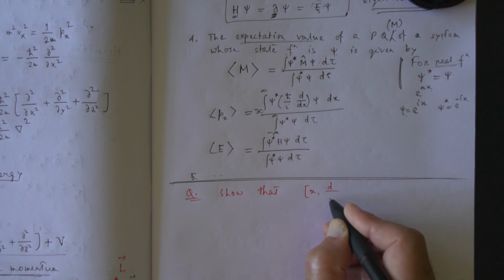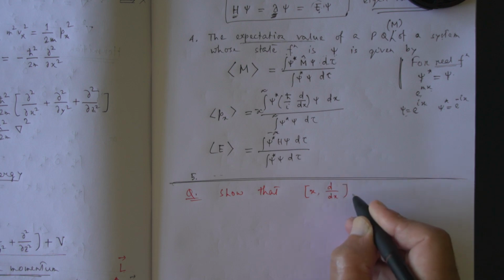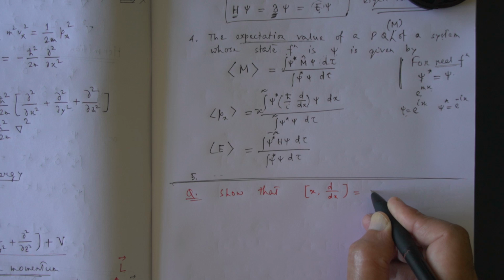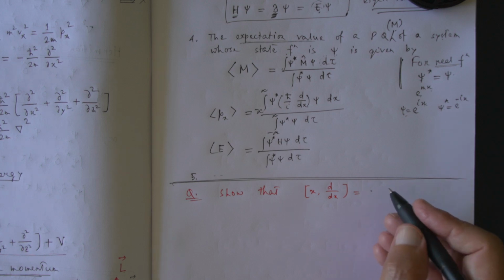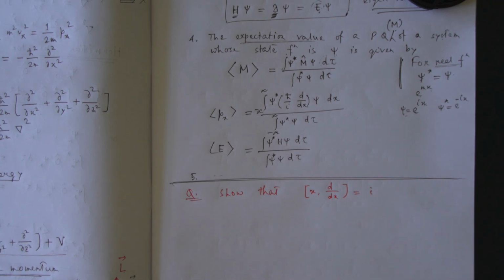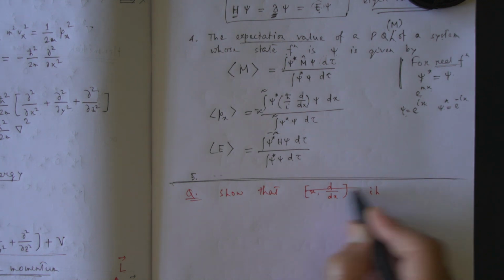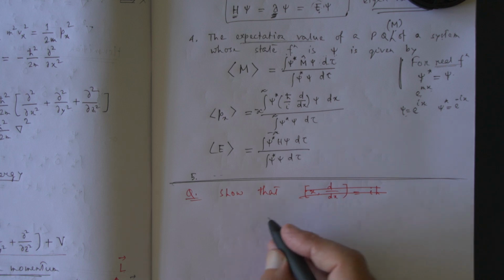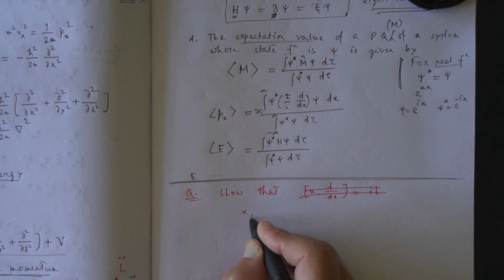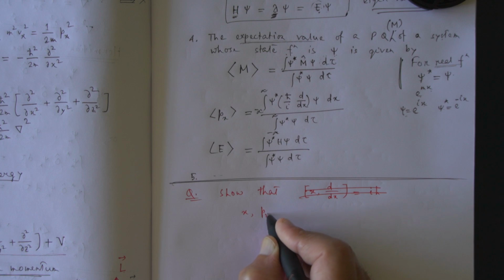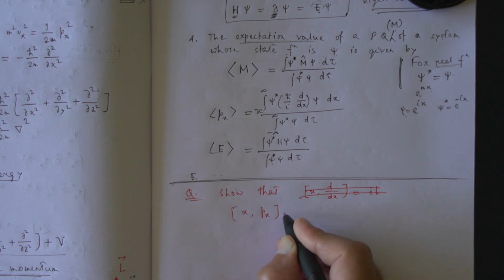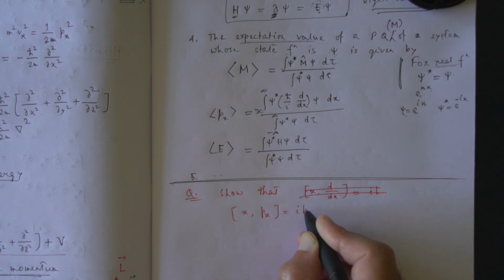Show that the commutator of x and px is equal to i h bar.